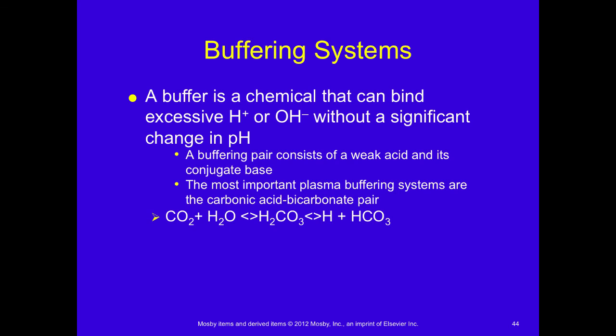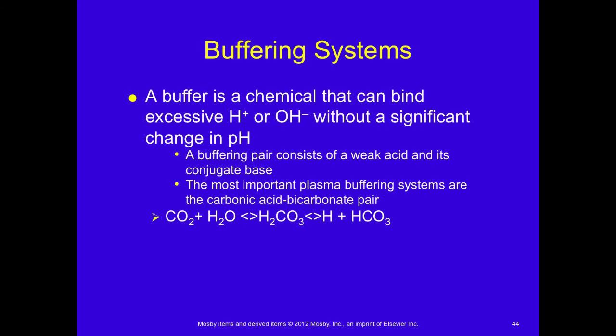As I mentioned earlier, we have buffering systems. Buffering systems are the reason that we do not get thrown into acidosis or alkalosis. It takes many things to go wrong and significant disease for us to actually experience acidosis or alkalosis.